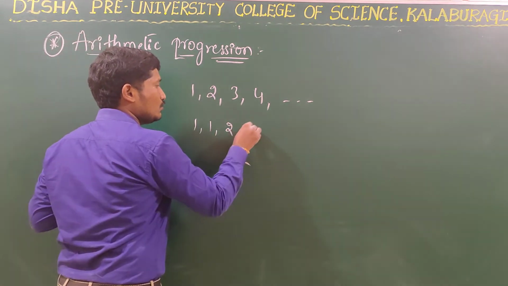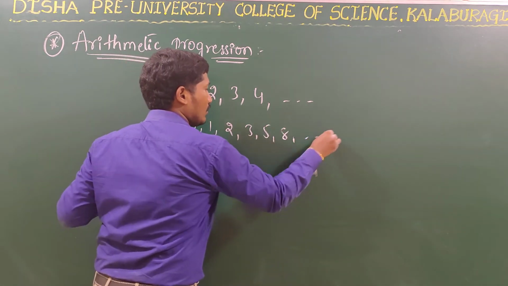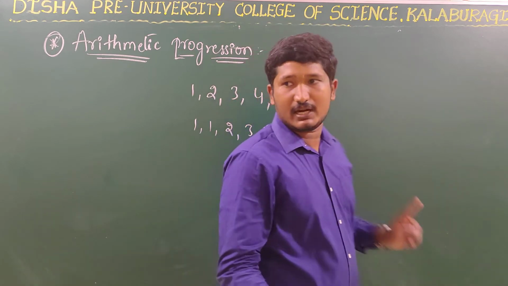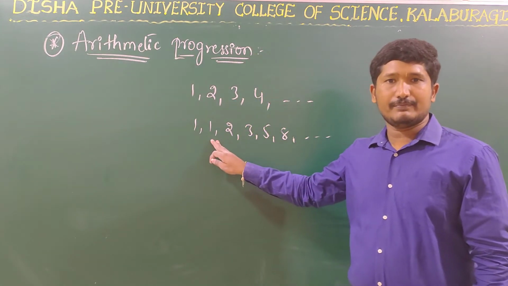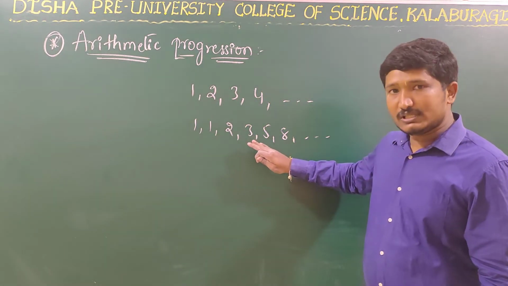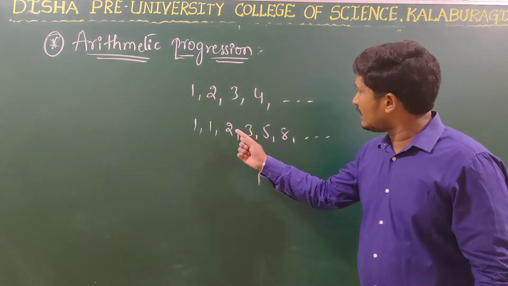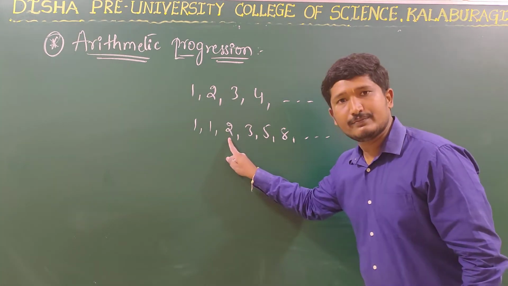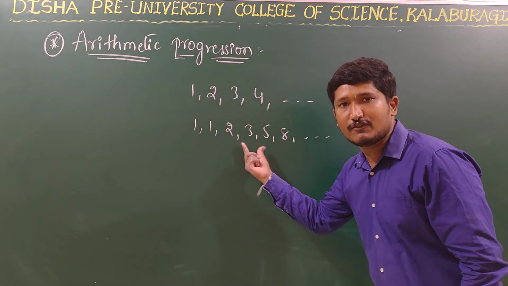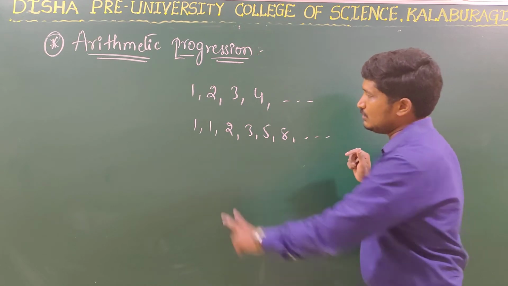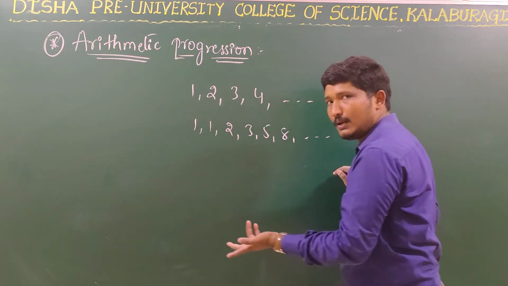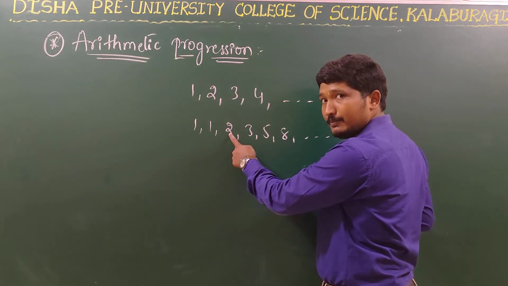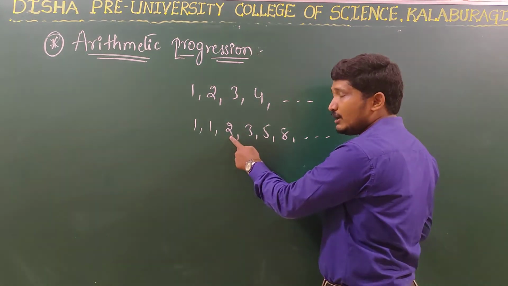So let us take one more example. 1, 1, 2, 3, 5, 8, and so on. See, this is an example of what? A Fibonacci sequence, right? I have already explained this to you. Now, see here whether there is any particular pattern that is followed between two terms. That is, does each term follow any specific pattern here? No. See here, first two terms are equal. Next term is obtained by adding 1. Next term is obtained by adding 1 here.